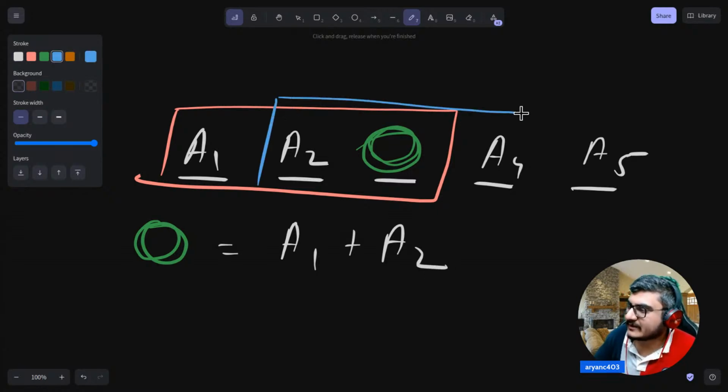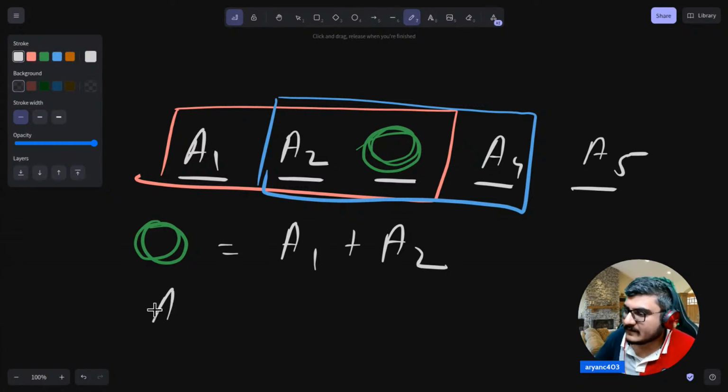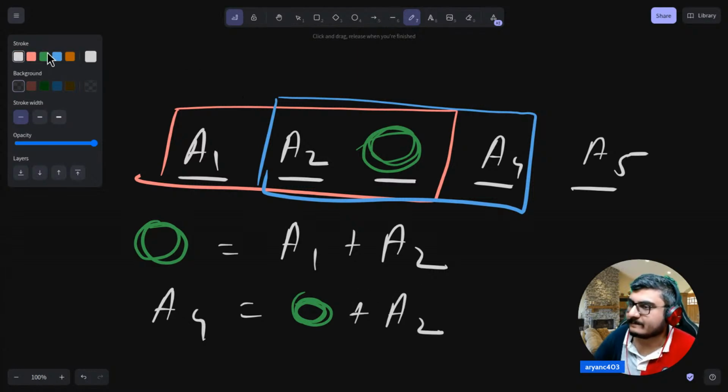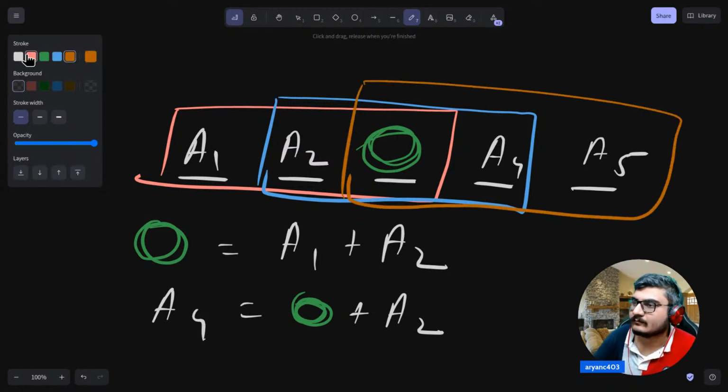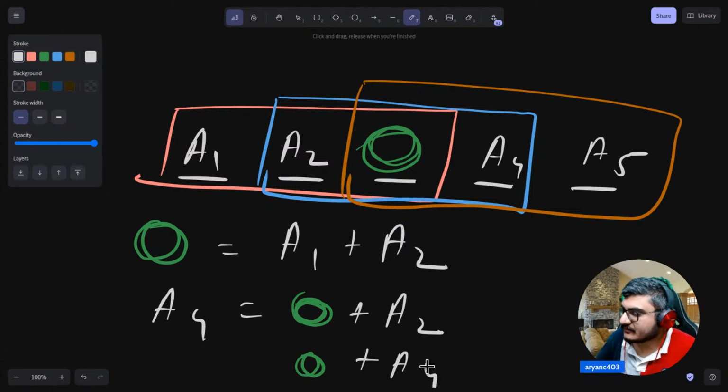This pair would be a Fibonacci pair if A4 is equal to A3 plus A2. And this pair would be a Fibonacci pair if A3 plus A4 is equal to A5.